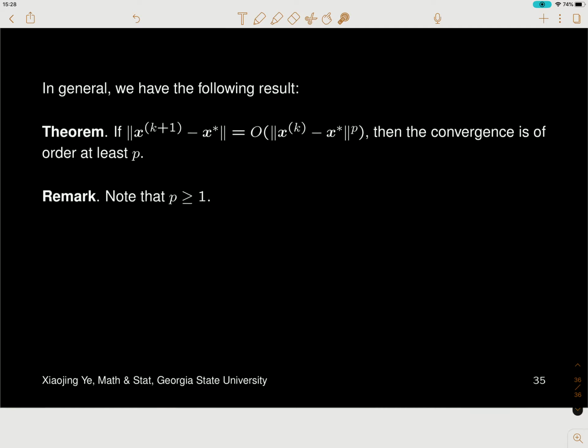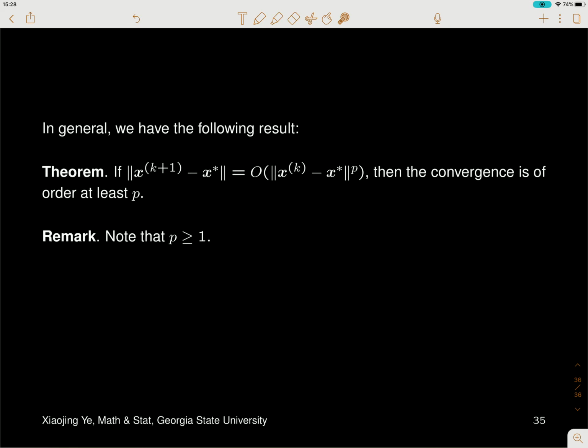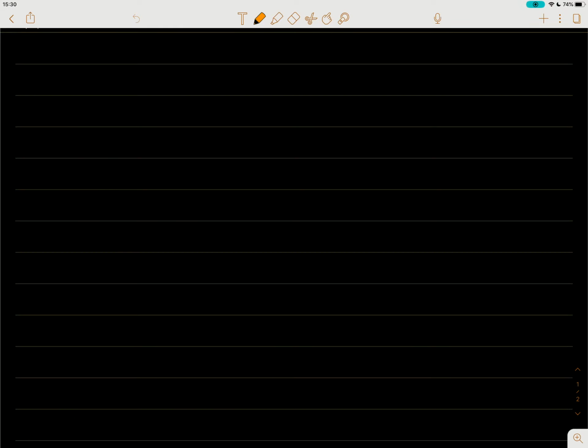Before we move on, I want to give you a more general result, comparable to the one given in the book.